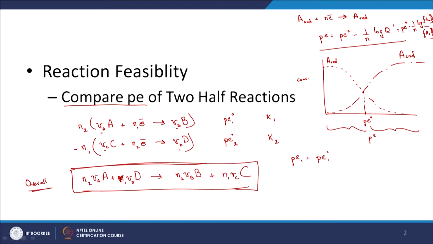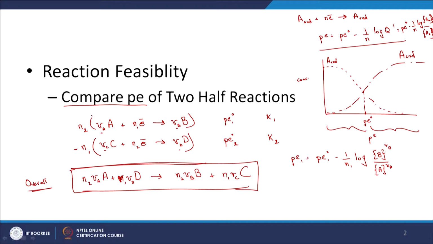I guess P1 naught minus 1 by N1 log of the activity of B raised to its stoichiometric coefficient by the activity of A raised to its stoichiometric coefficient.